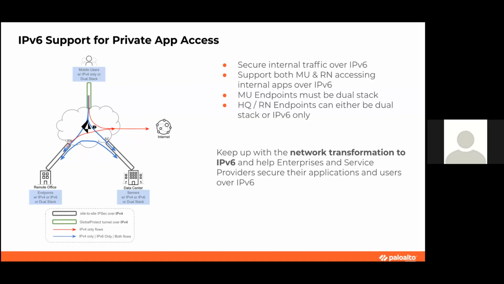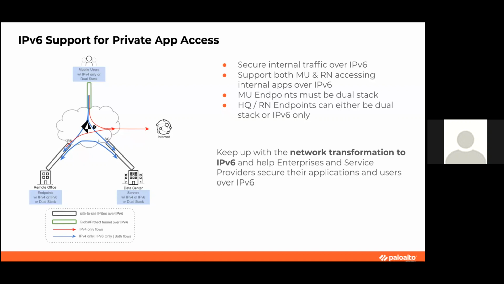For mobile users, the endpoint must be dual stacked with access to the internet over IPv4, so it can form a tunnel to Prisma Access over IPv4. Once the tunnel is established, the endpoint can send IPv6 traffic destined to the internal applications.